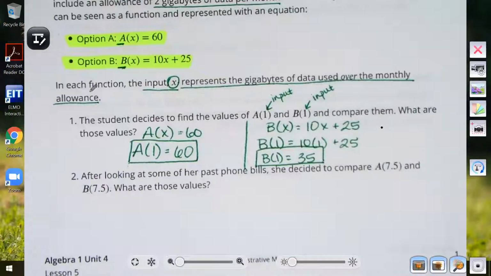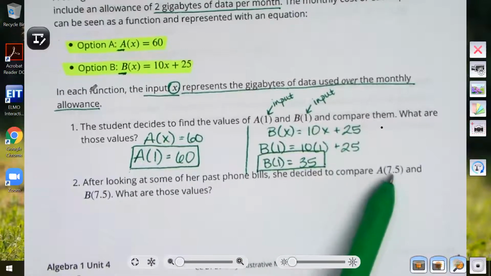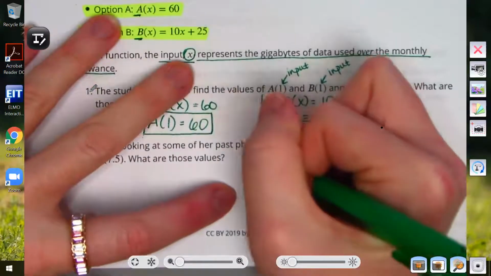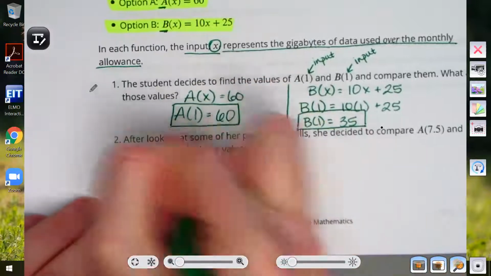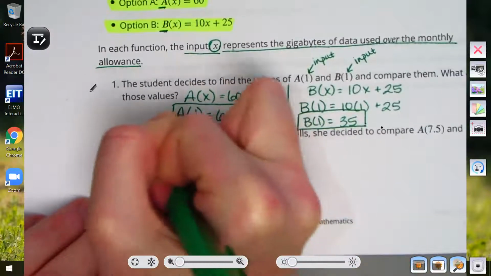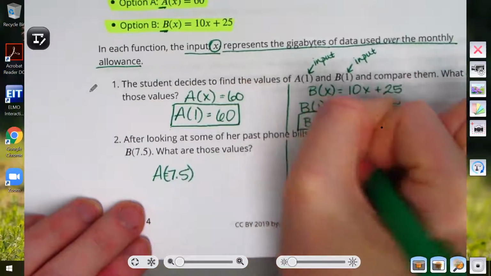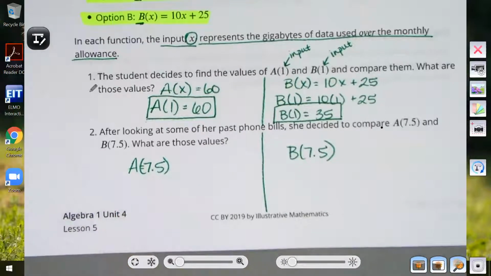Okay, number 2, it says, after looking at her past phone bills, she decided to compare A of 7.5 and B of 7.5. What are those values? Okay, so now I want you to do this one on your own. I want you to tell me what the output is when the input is 7.5 for A and B. I'm going to give y'all about 2 minutes to do that, and we will talk about it together. 2 minutes.